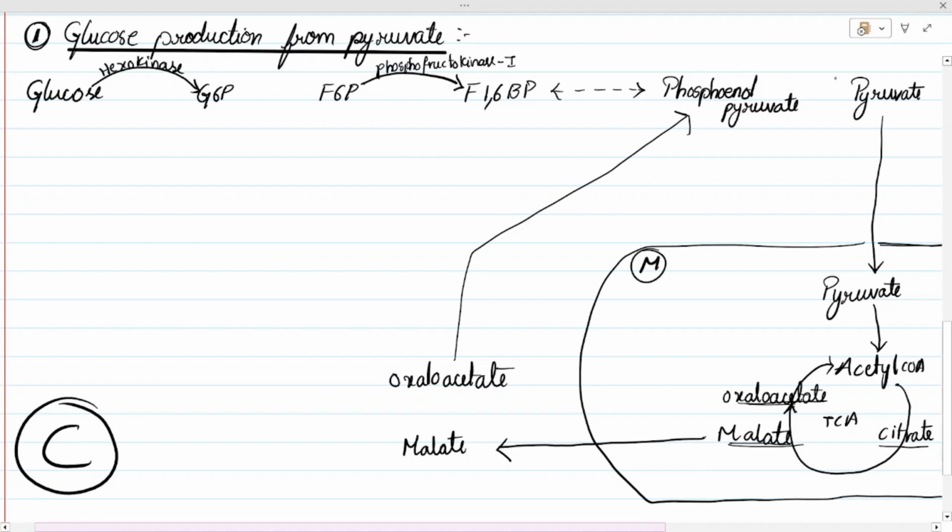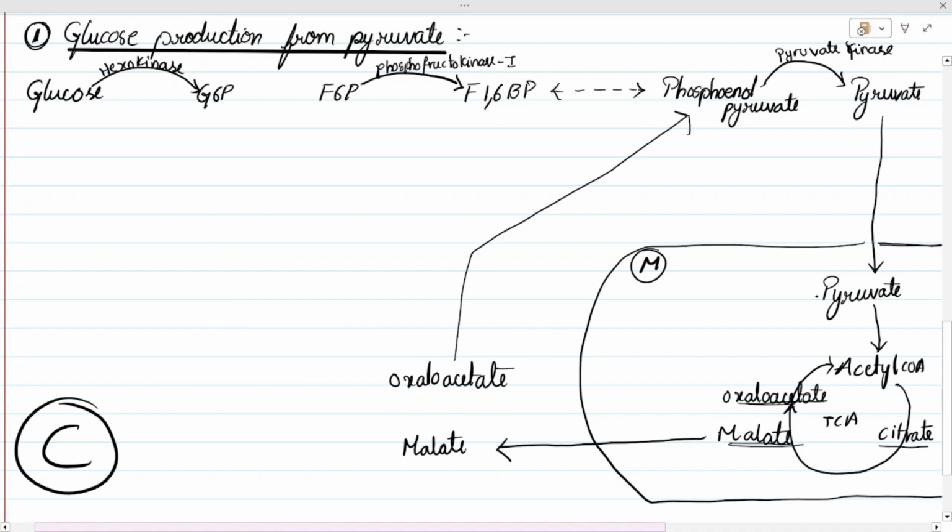Now, we have the production of pyruvate in presence of pyruvate kinase enzyme. There are 4 irreversible reactions. I will represent the 4 irreversible reactions with the double-lined arrow.